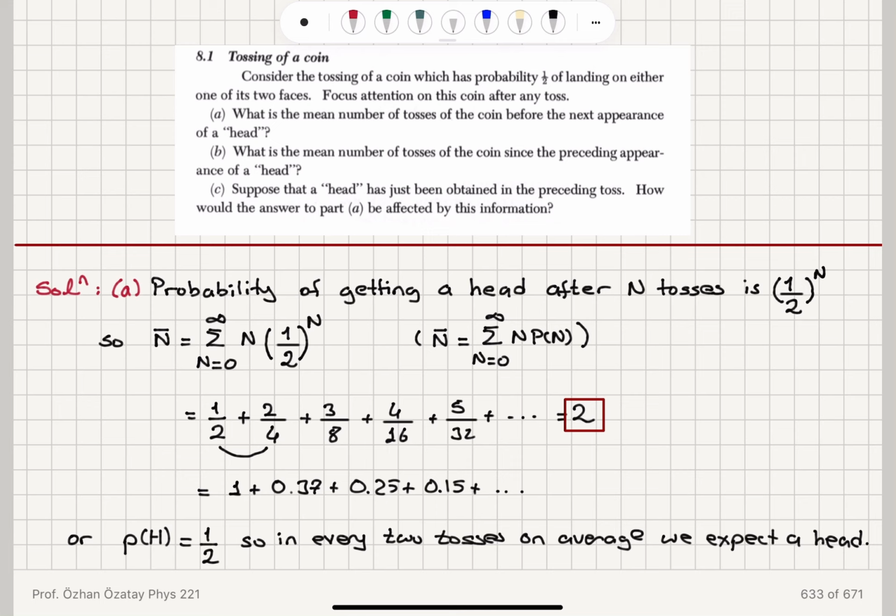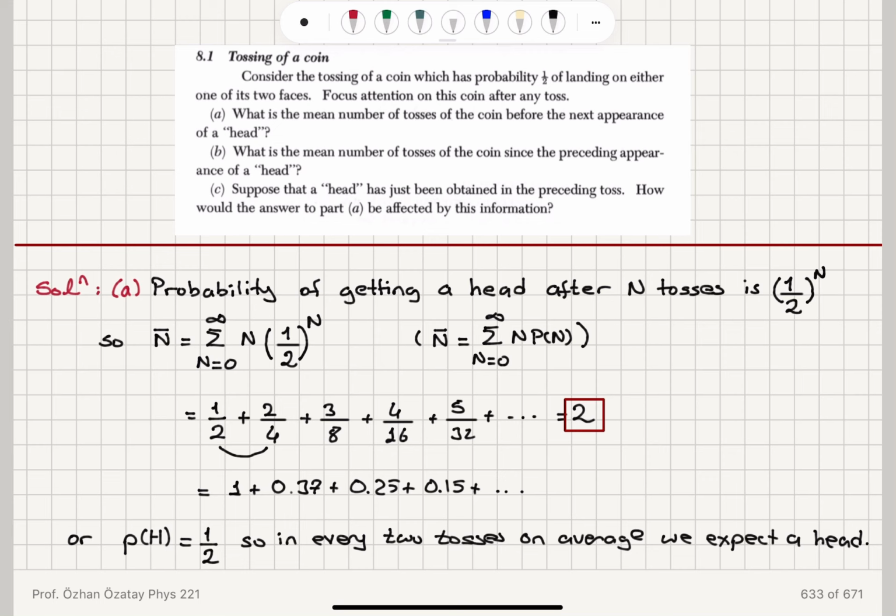So you should have gotten a tail with 1/2 probability capital N minus 1 times, and then with 1/2 probability you get a head the nth time, so this becomes 1/2 to the power capital N. When you multiply all the probabilities, what is the mean value of n?